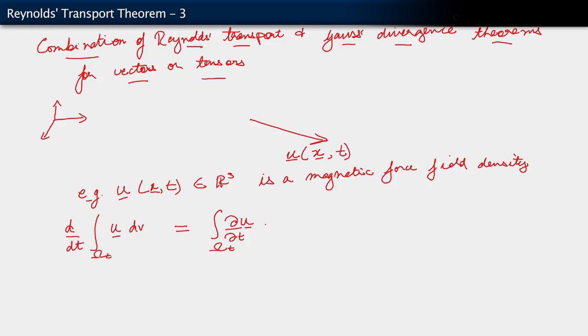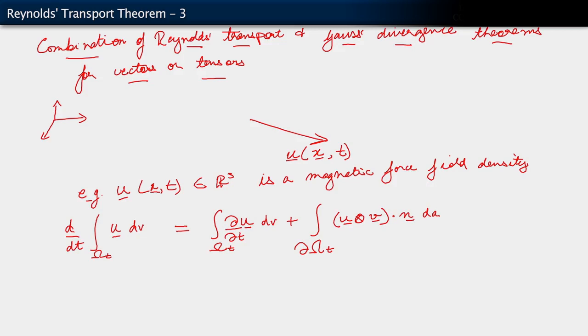Okay, so this is this, and then the next term tells us that you also need to integrate over the boundary of your configuration at that instant. Now the quantity we have is u tensor v, dotted with the unit outward normal dA.